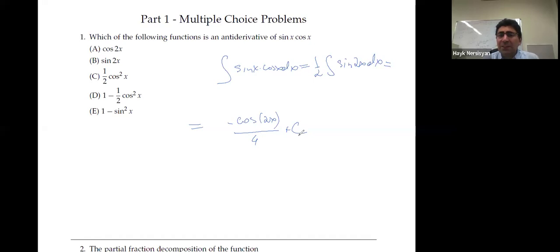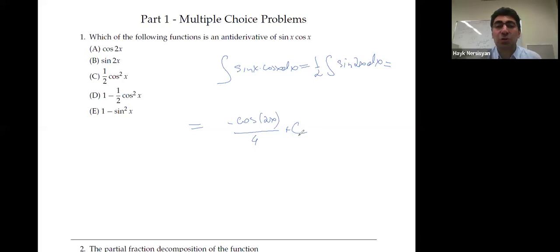Do we have this given option? No, we don't. We do not have minus cosine 2x over 4 plus C. So some simplification, some modification of this is needed.